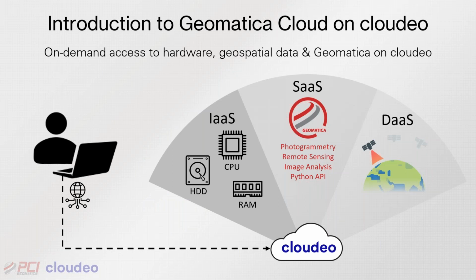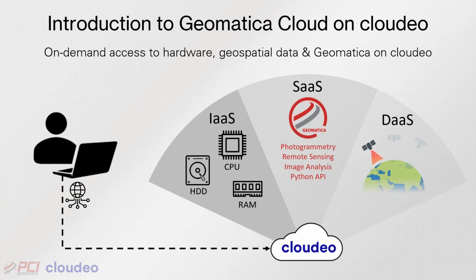And with Geomatica Cloud on Cloudeo, subscribers have on-demand access to a complete virtual geospatial solution, which includes hardware, software, and data. So users can subscribe to the hardware performance and storage requirements, so they can choose what CPU, what hard drive, what memory power they would prefer or what they need, and storage they require for specific projects and specific processing. They can also select from a variety of different software capabilities such as Geomatica's algorithms, environments, and tools for processing satellite, aerial, and UAV imagery.